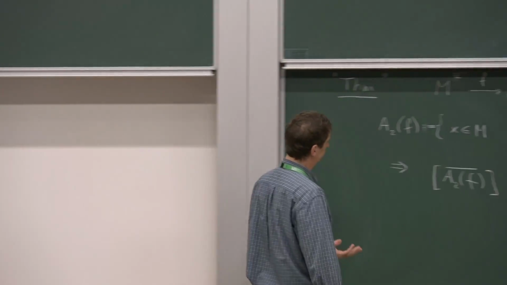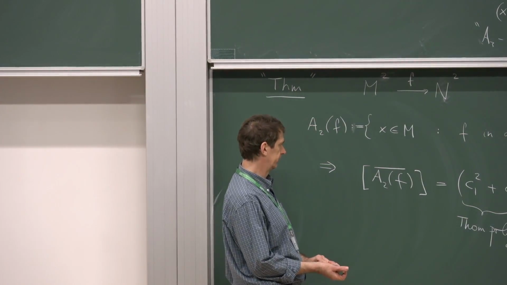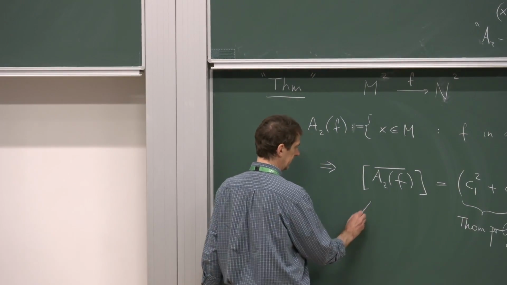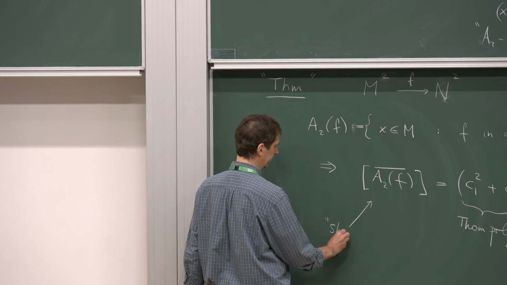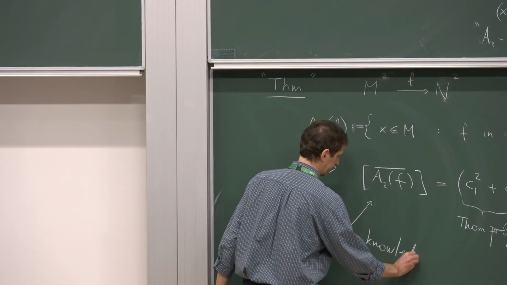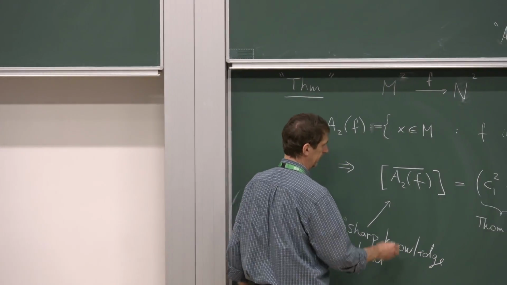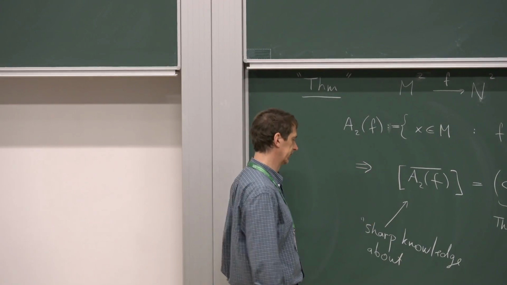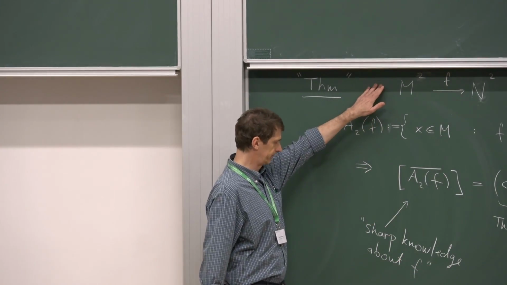So what I want to spend a minute on here, the essence, the meaning of this problem, is that I consider the left-hand side some kind of sharp knowledge about, in general, if you imagine some other thing, some knowledge about F, about the topological situation.